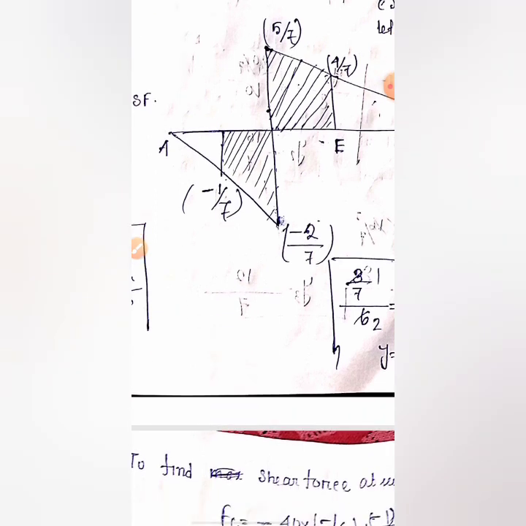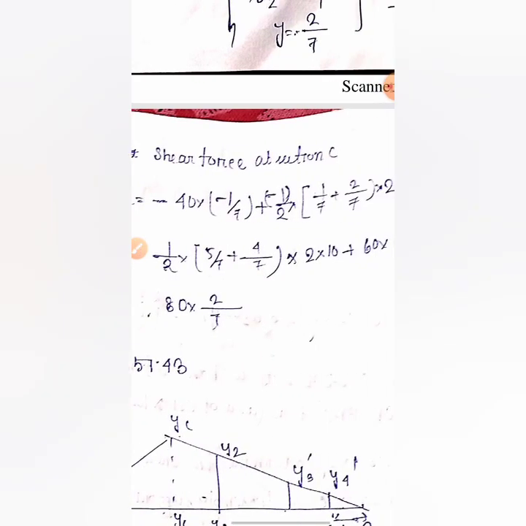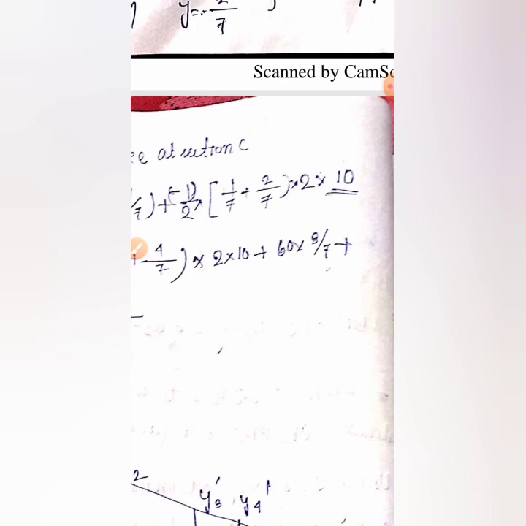As it is a trapezium shape, the area will be half into the summation of the parallel sides, that is 1 by 7 plus 2 by 7, and it is on the negative side because it is the negative portion. And the perpendicular distance between the parallel sides is 2, as I have shown here, into the load intensity of the UDL, that is 10.